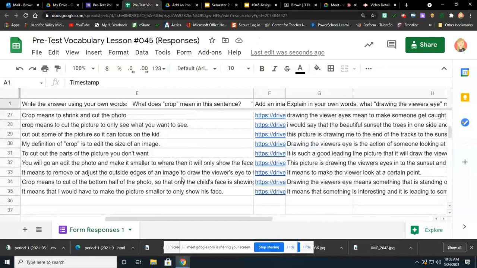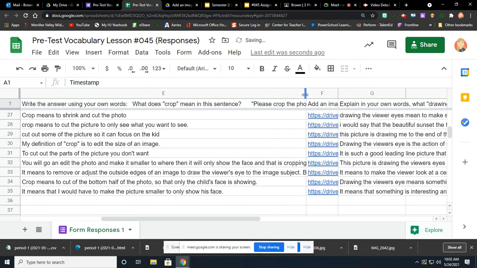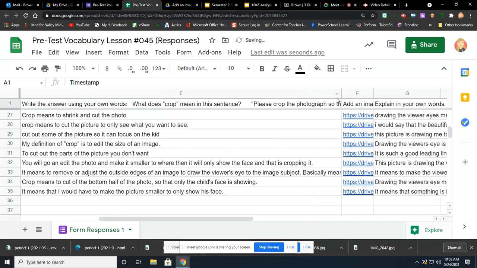What does cropping mean? It means that you would have to make the picture smaller to only show his face. Excellent. Perfect. That's a fantastic answer. Crop means to cut out the bottom half of the photo so that only the child's face is showing. Beautiful. It means to remove or adjust the outside edges of an image to draw the viewer's eye to the subject.